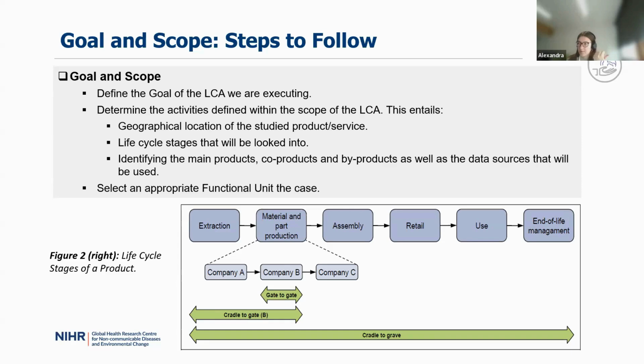Life cycle stages, as we've previously mentioned: cultivation, any further manufacturing or treatment of certain products to achieve food, as well as cooking. So what would be an appropriate functional unit given the current goal and the location and stages?